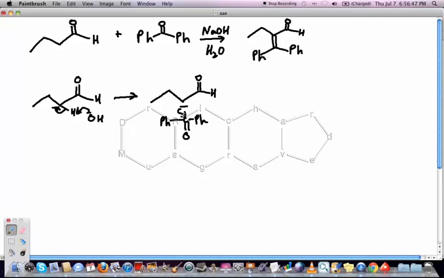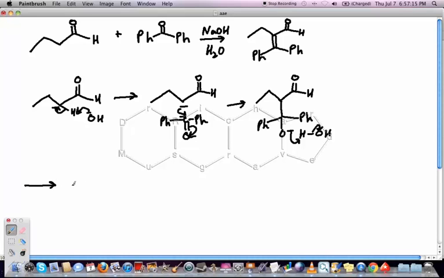No doubt about where the alpha hydrogens are going to be removed from. Alright, so we get the joining of the two groups here. The removal of a proton from water.